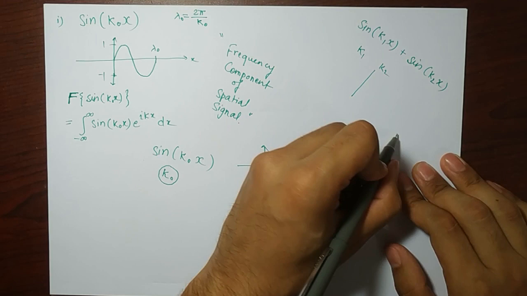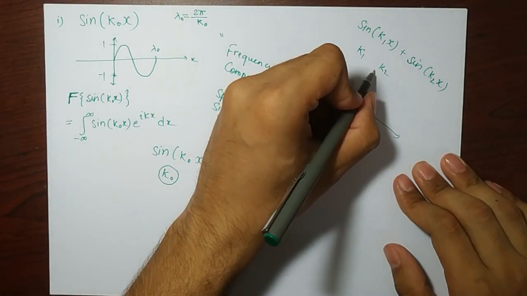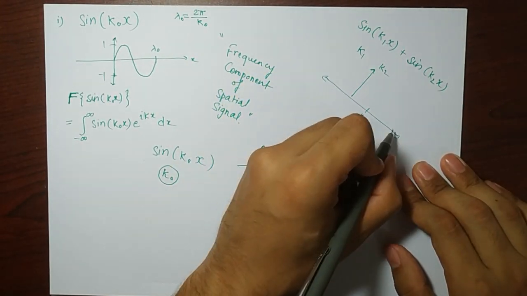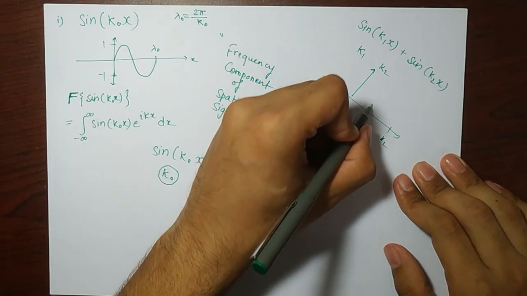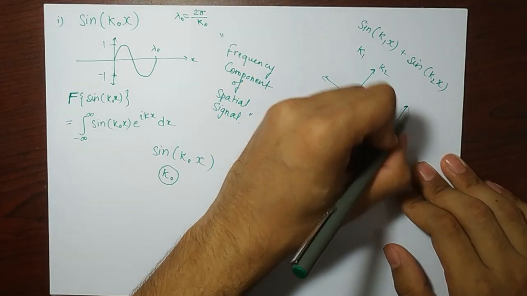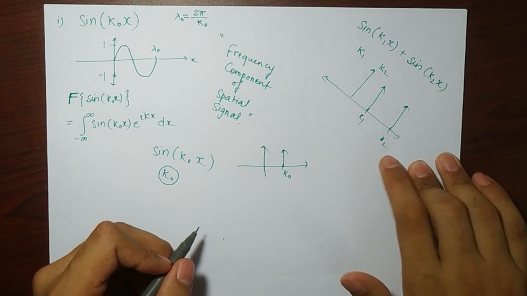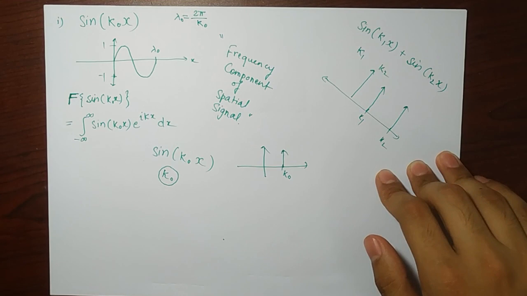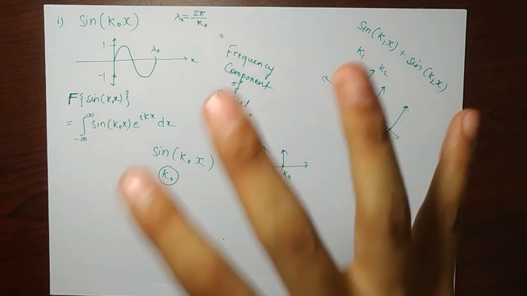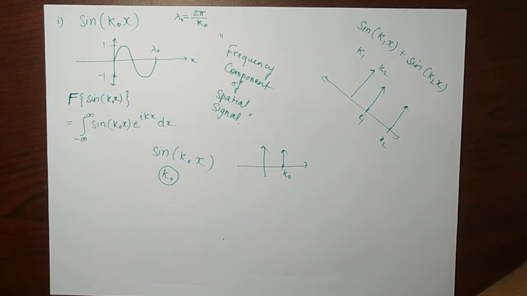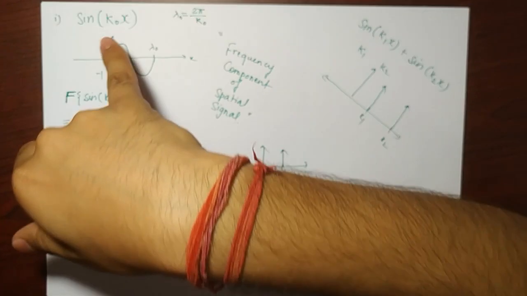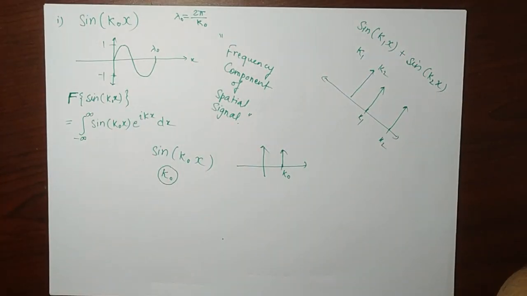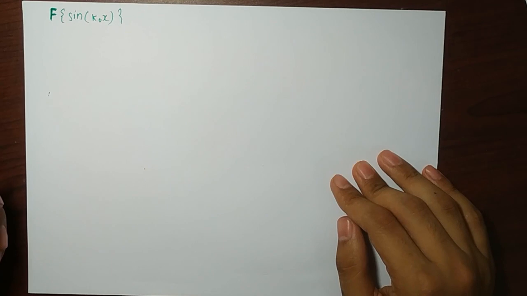So in the frequency spectrum you should get one at k1 and one at k2. So this is how you can visualize the Fourier transform of any spatial signal. Sine or cos are very easy to visualize because they most of the time contain only one frequency component.